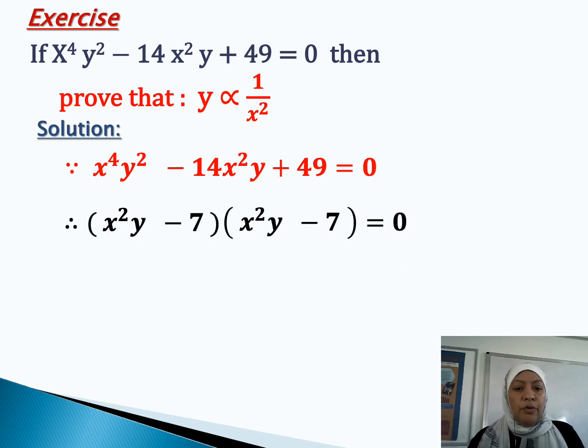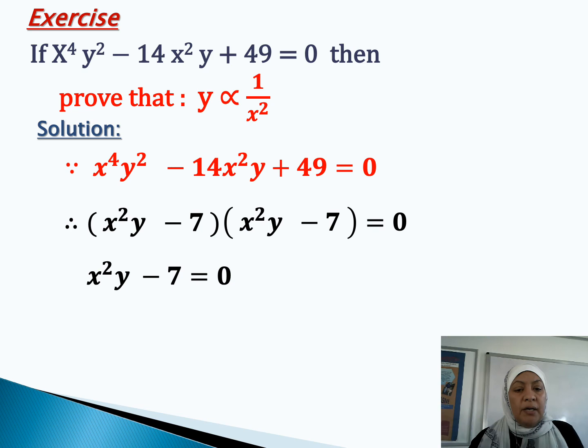Square root for the first, square root for the second, and the sign of the middle. Now, the square root of the first is x squared y, the negative square root of the third is 7, and the negative is the sign of the middle. Now I'm going to take the bracket and set it equal to 0.